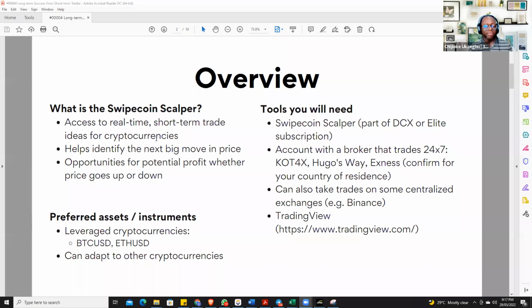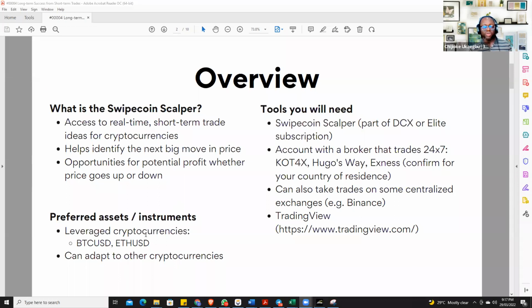I've just talked about cryptocurrencies. Really, what specifically are we trading? Well, we're trading cryptocurrencies, but we're trading them on leverage, meaning, the simplest way to define that, you can use a small amount of money to control a larger amount. That's really what leverage is. But don't worry, by the time we get to the examples, you will understand what this is.